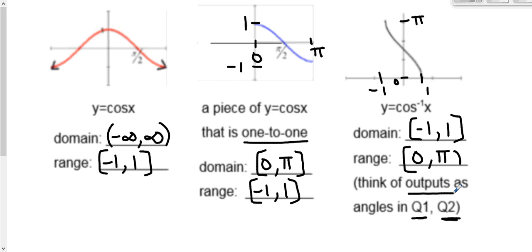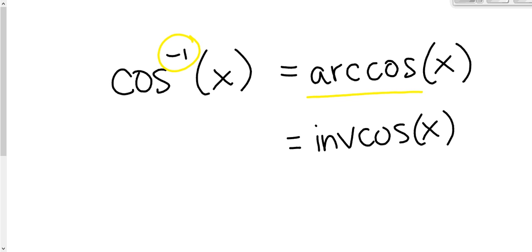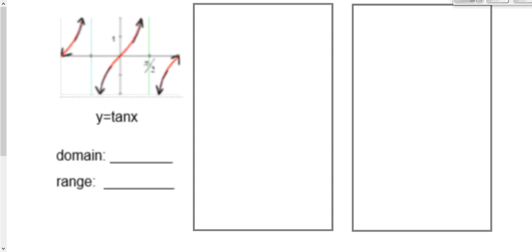Okay, now let's take a look at what we do with tangent. So we know that tangent has all these repeated increasing curves going on and on forever. Its domain is not all real numbers because there's certain numbers where it's not defined. Everywhere we have a vertical asymptote, it's not defined.